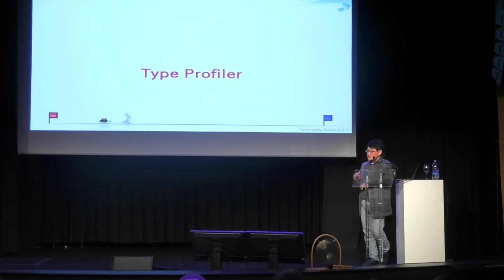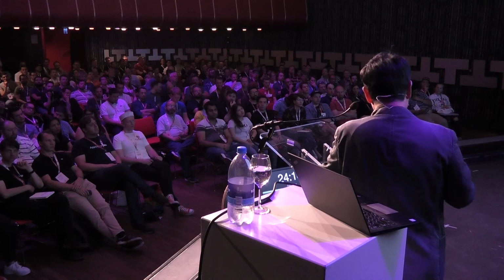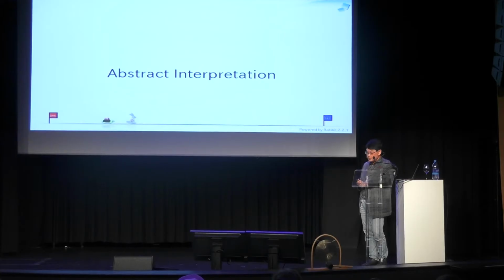The next component is the type profiler. Yusuke Endoh is working on this type profiler. He's there. The type profiler is the key component of the static analysis of Ruby version 3, and it comes with abstract interpretation, which virtually executes your program, your application, in an abstract way with type information.